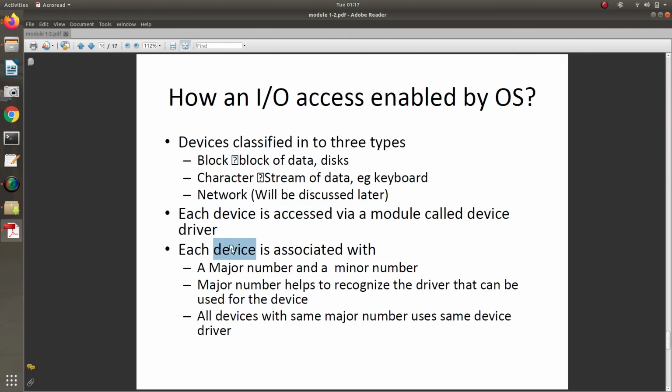Each device is associated with a major number and a minor number. The major number helps us recognize the driver that can be used for the device. All devices with the same major number use the same device driver. For example, if you have two mice connected to your laptop, both of them will have the same major number, and using that major number, they'll be using the driver dedicated to the mouse.